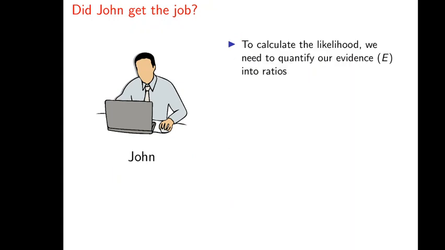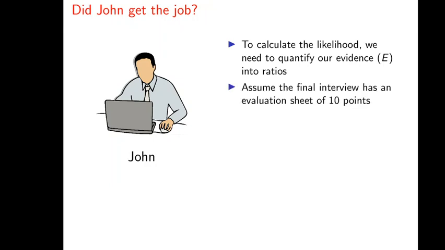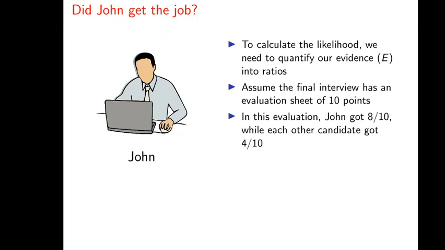To calculate the likelihood, we need to quantify our evidence E into ratios. For instance, let's say that the final interview has an evaluation sheet or evaluation test of 10 points. In this evaluation, John got, say, 8/10 points, while each other candidate got only 4 out of 10 points. Then we translate these ratios into probabilities as follows.